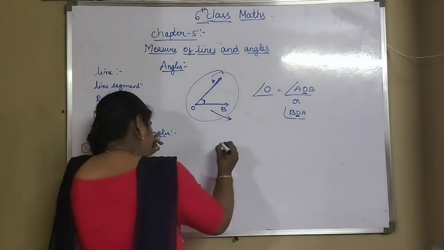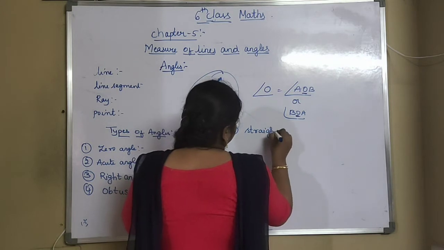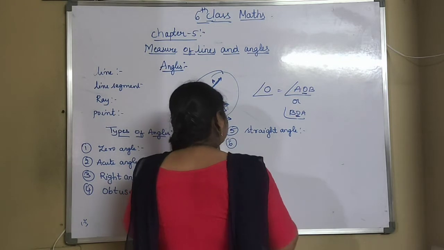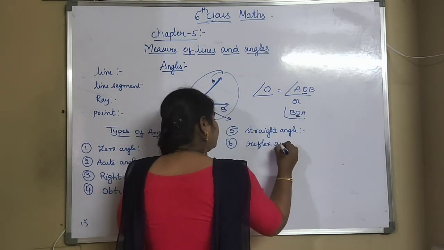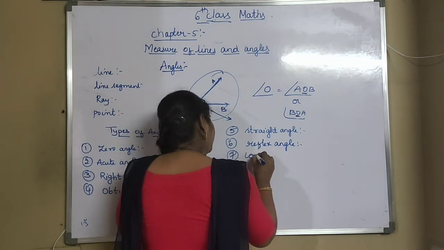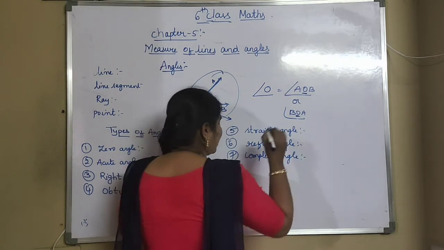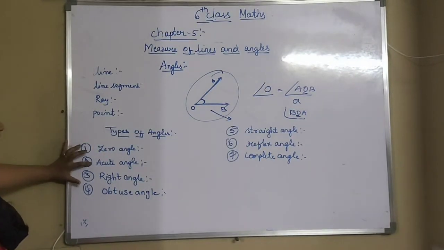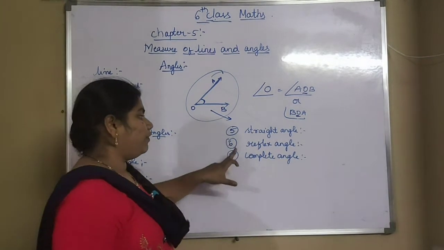Fifth one is straight angle. Sixth one is reflex angle. And seventh one is complete angle. So total how many angles are there? Total 7 angles are there. First one is zero angle, second one is acute, third one is right, obtuse, straight, reflex and complete.